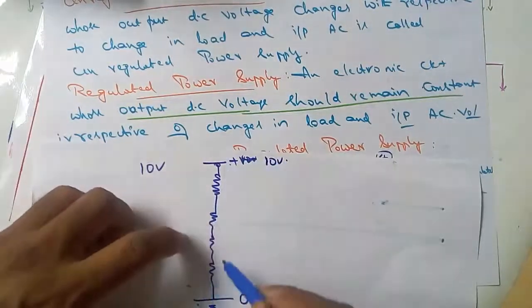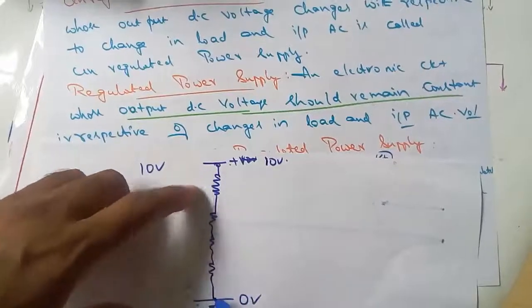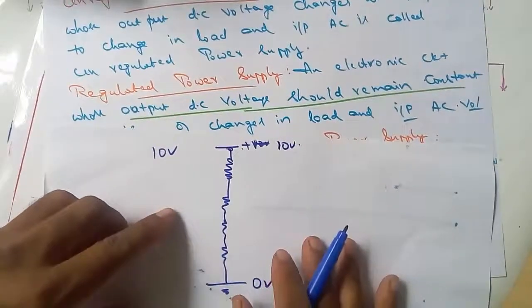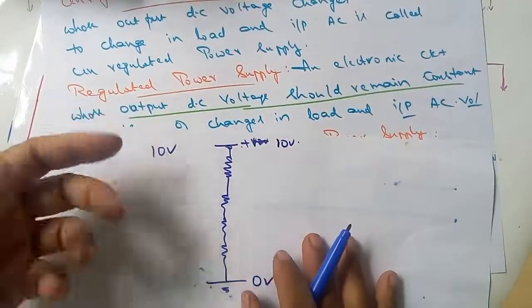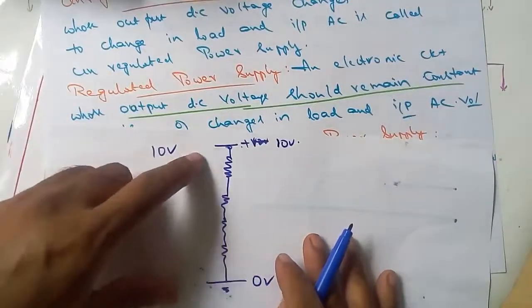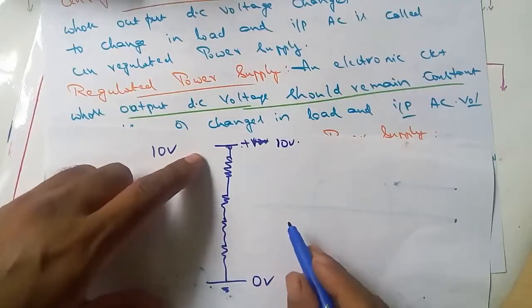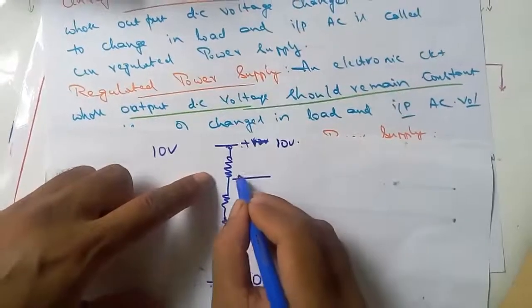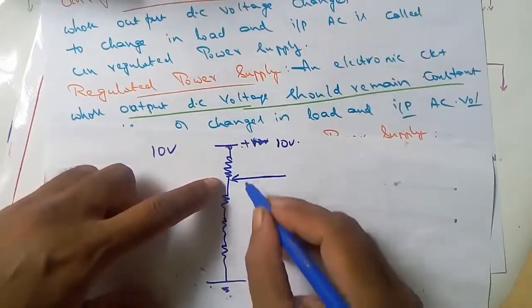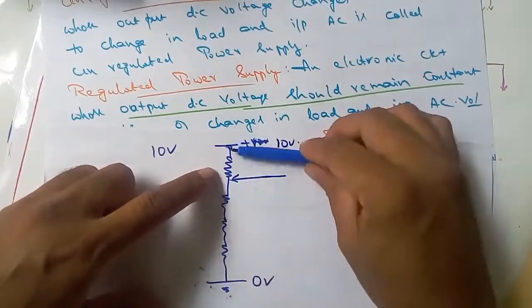In between them there is a resistance, 100 kilo ohms, or 200 kilo ohms, or 1000 kilo ohms, whatever it may be. Now here I am taking this as the divider.